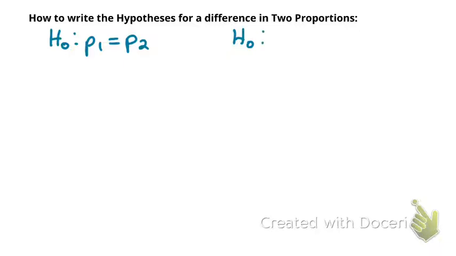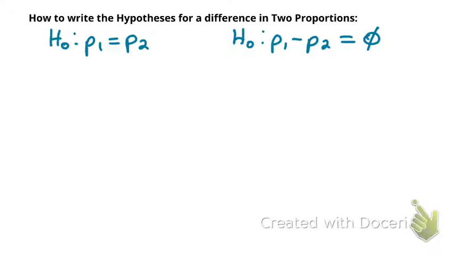So I can write it as P1 minus P2 is equal to 0. How are these equivalent? Because if you subtract the same number, you get 0. Yeah. So if I subtract P2 over here, I get P1 minus P2 equals 0. Those are equivalent. Those are always your null hypotheses.